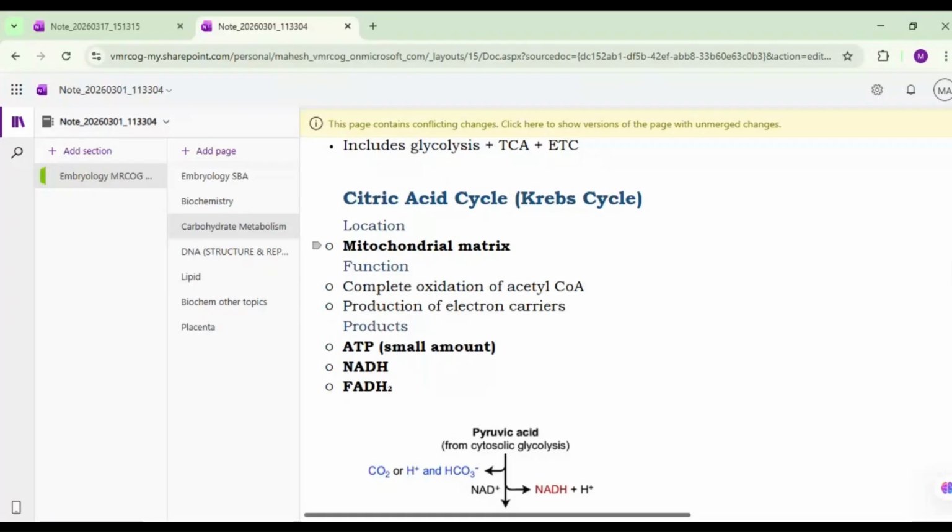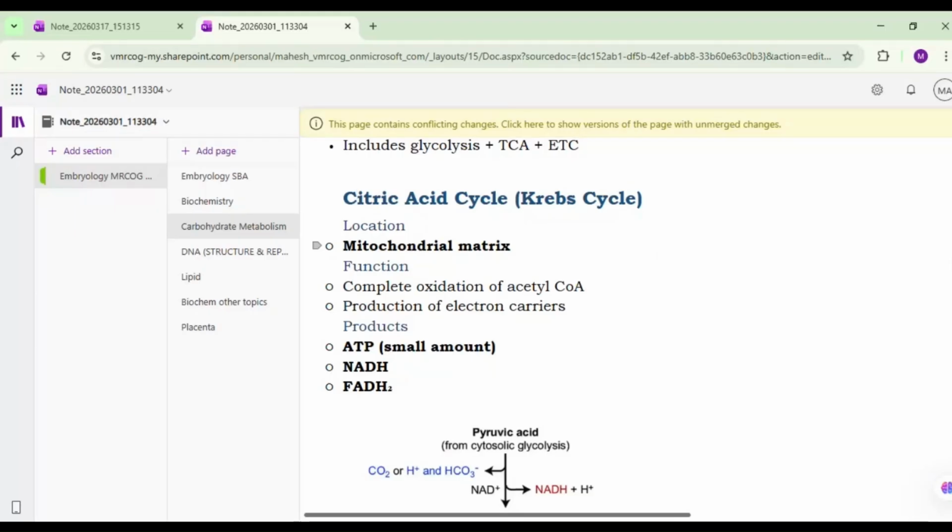Glucose produces two molecules of pyruvate. This pyruvate can undergo further processing either in aerobic or anaerobic conditions. When oxygen is available, it can undergo the citric acid cycle, or Krebs cycle. Where does this happen?